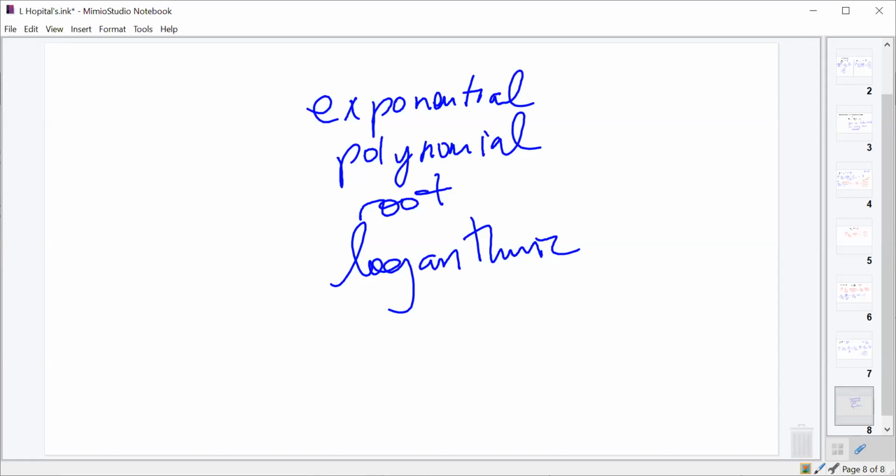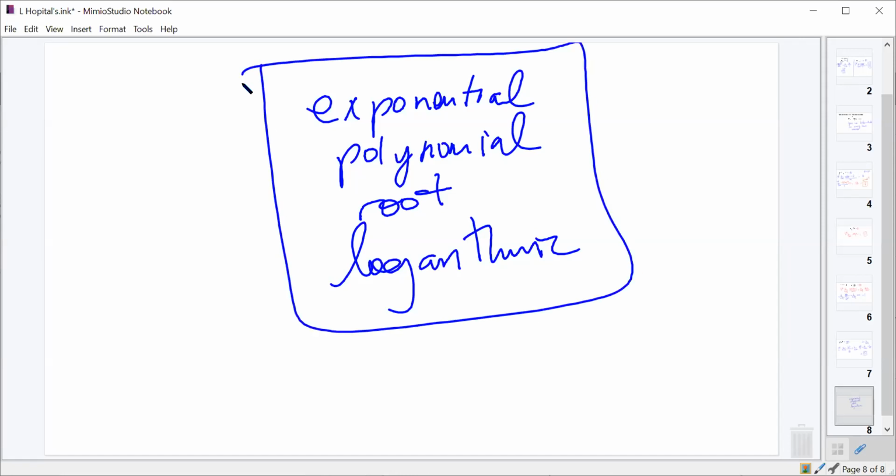You guys are familiar with factorial? Yeah, it's the exclamation point. Like 10 factorial is 10 times 9 times 8 times 7 times 6 times 5 times 4 times 3 times 2 times 1. And a factorial function actually increases more rapidly than an exponential function does. But we won't deal with those. This is the order in which things increase for what you guys should care about this year.